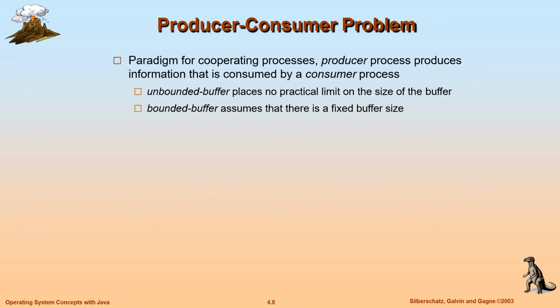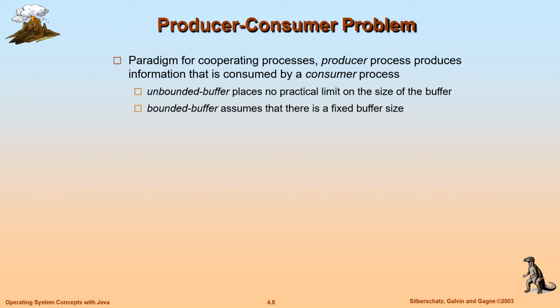Next, the consumer: when the buffer is empty, it should not consume, meaning there is no item in it and the producer has not yet produced. So the consumer should not remove an element from the buffer.